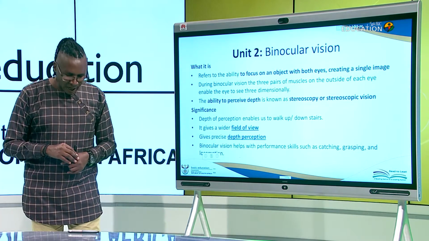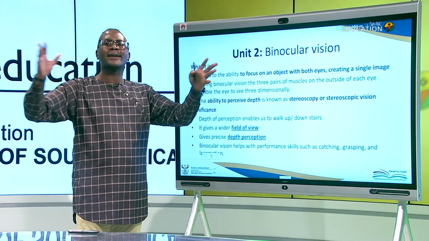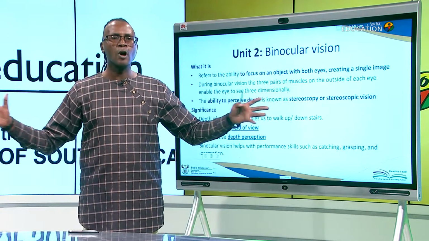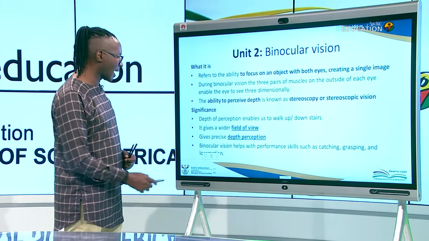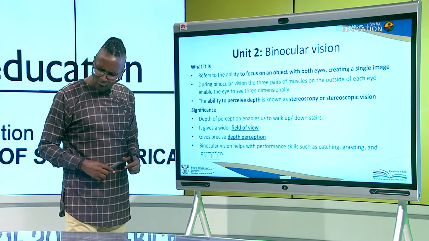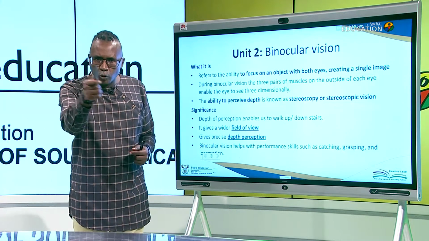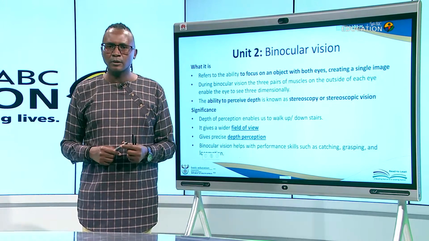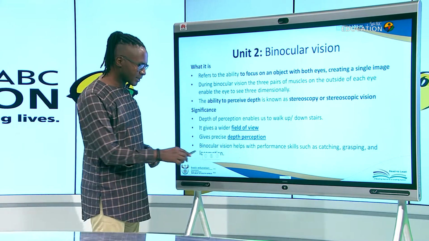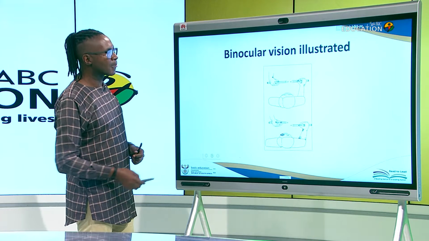Precision, depth, and I'm able to look at the wider view, the field of view. So it's because of binocular vision. Then also, binocular vision, grade 12, enables you to perform those skills that you do on the stage when you perform at arts.